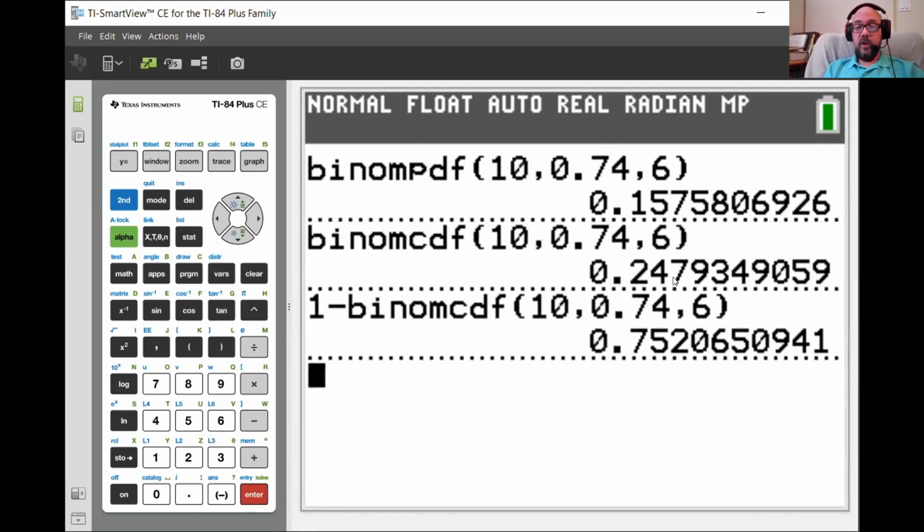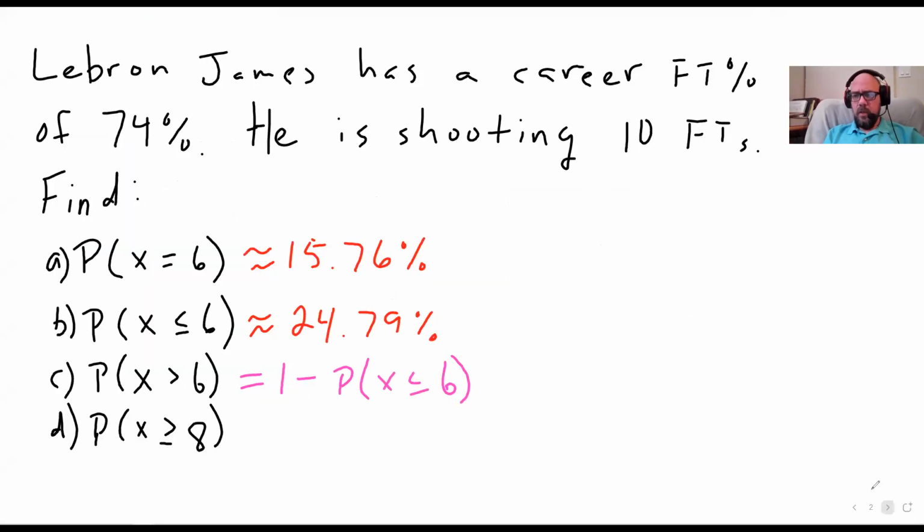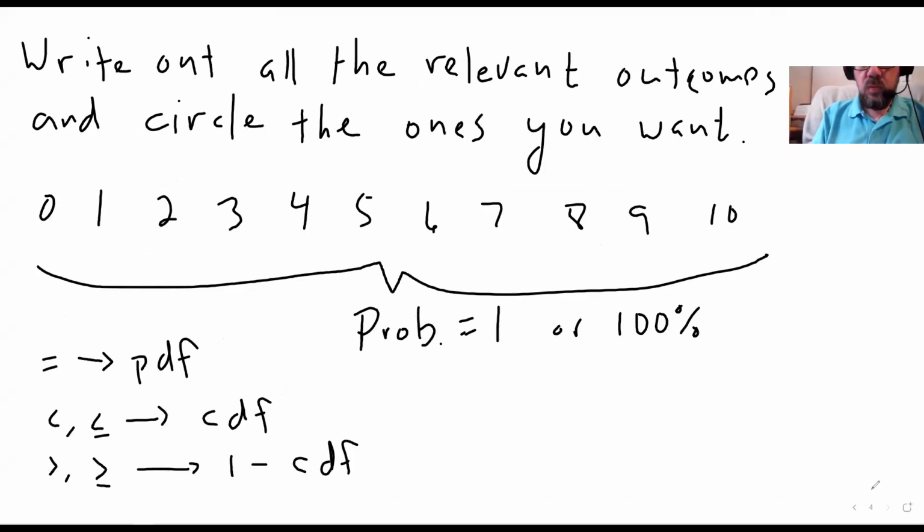Which you might notice is just the complement, or it adds up to 100% with our previous answer, which I hope makes sense, right? If I go look at what we had, we said that 100% is this whole thing. In the previous part, I specifically asked what's the probability of getting 6 or fewer? And then the next part, I asked, well, what's the probability of getting more than 6, right?